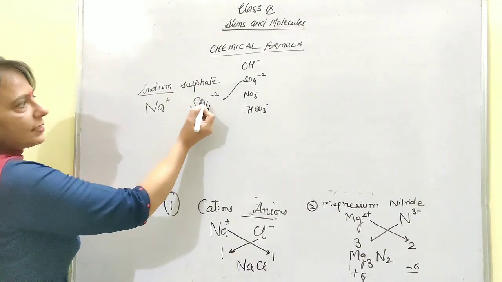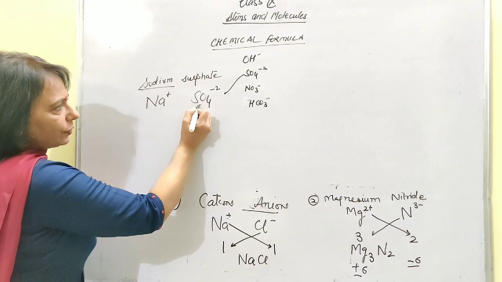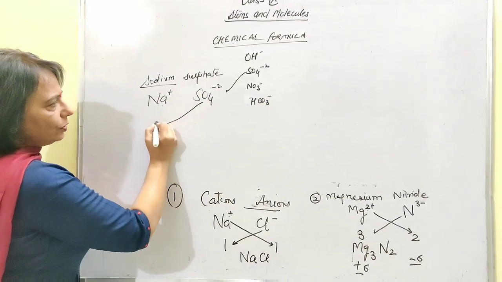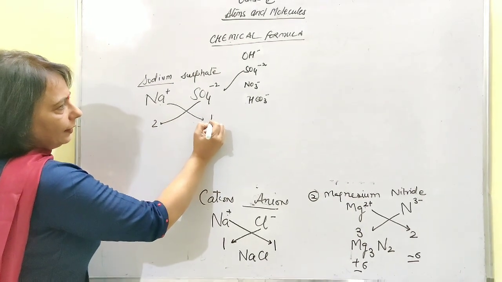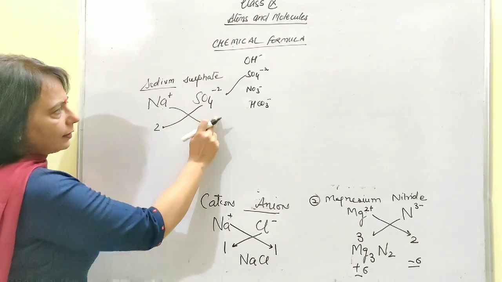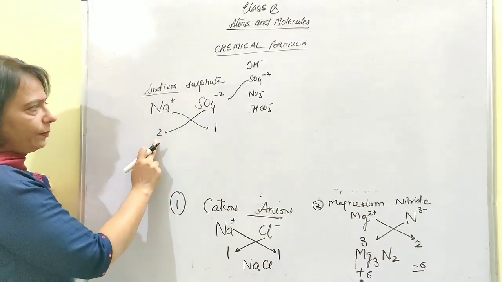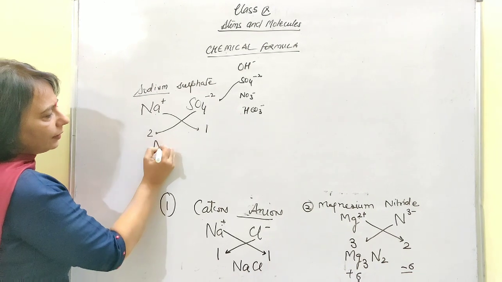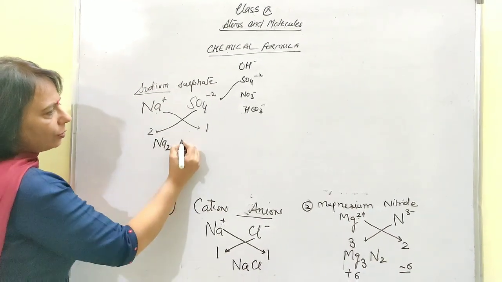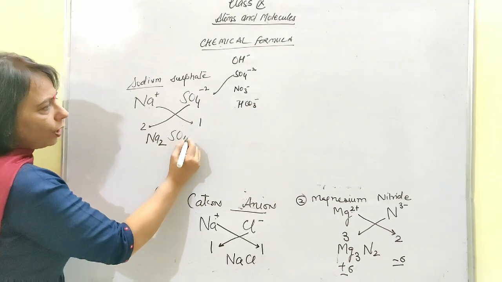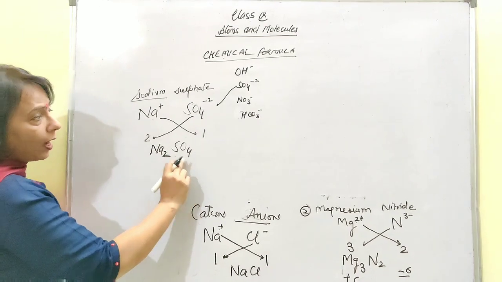Now this is polyatomic and this is monoatomic. Now shift this charge to this side and this charge to this side. That means valency 1 is written under sulfate and valency 2 of sulfate is written under the sodium ion. Now write them in subscript form. That means sodium Na2 and SO4, because 1 is written here, so we have just mentioned SO4.